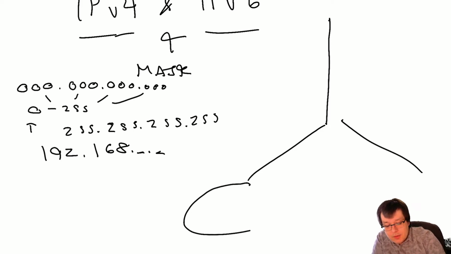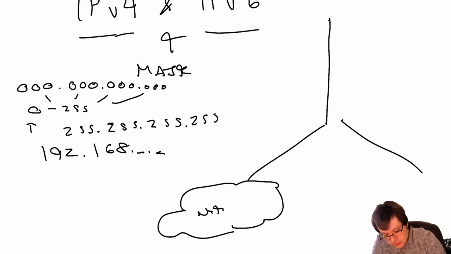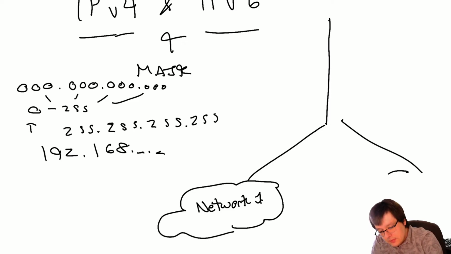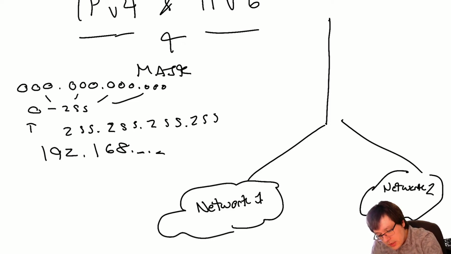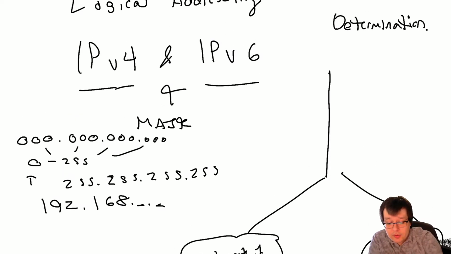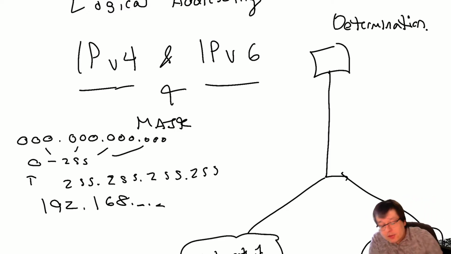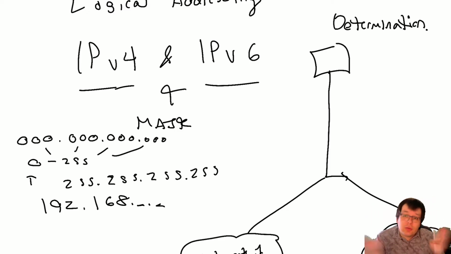This might be network 1, and somewhere else is network 2. They might both be trying to communicate with the same server. They're both accessing Facebook, so Facebook needs to make sure to send it to the right one. They establish the session, but they need the IP address to know where to send it.